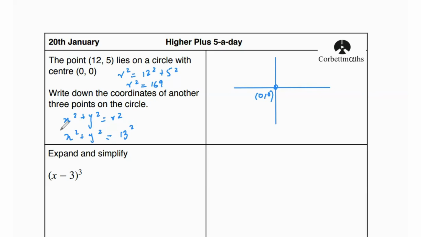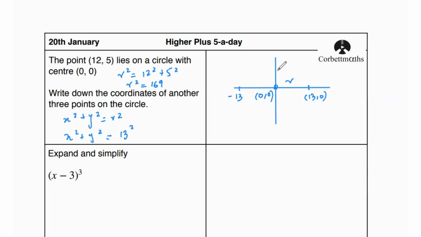So now if we look at this, 13 is the radius, which means for another set of coordinates, the radius is the distance from the center to the circumference of the circle. So this is a distance of 13. This is a radius.